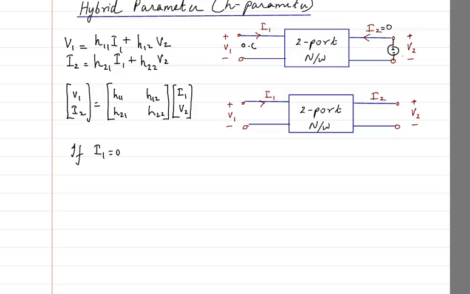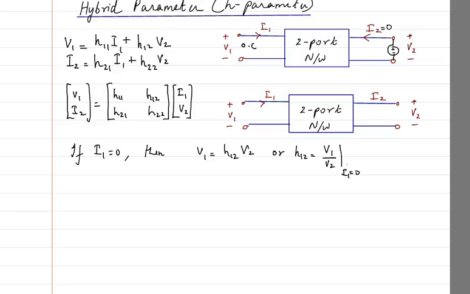In that case the equation becomes V1 is equal to H12 V2, or what we call H12 is equal to V1 by V2, when we have taken I1 equal to 0.